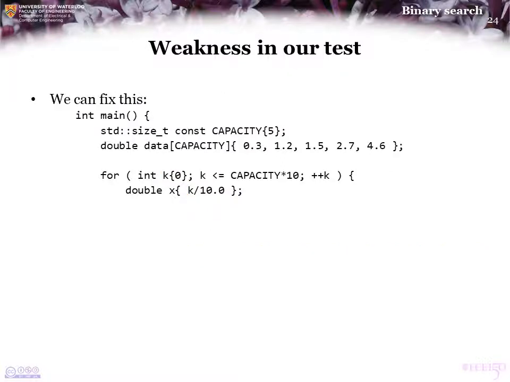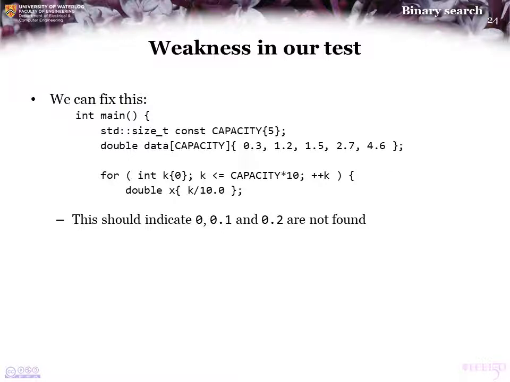Well, the easiest way to fix this is just to make the first entry of the array 0.3. Consequently, in the loop, we should find that neither 0, 0.1, nor 0.2 are found in the array.